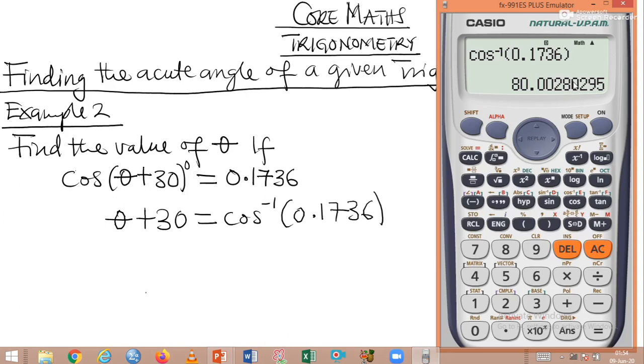If it is 5 or more, we add 1. If it is less than 5, we leave it and maintain what we have. In our case, 0 is less than 5. So we ignore the rest, and we use 80.0028. Okay, good. So take note of that.